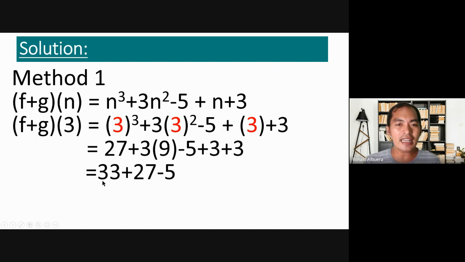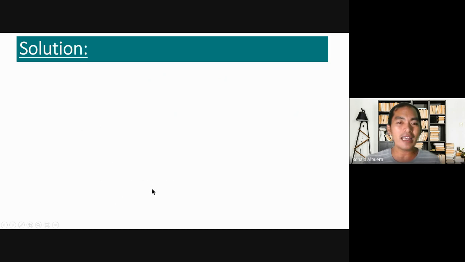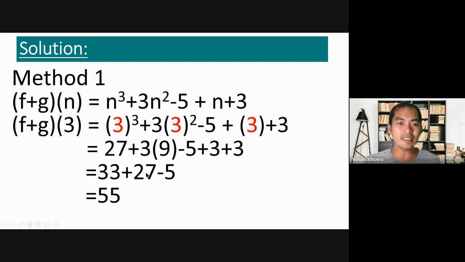And ang nangyari dito sa solution ko is 27 plus 3 plus 3. Lahat ng positive muna. And then, minultiply ito na 3 times 9 is 27. Then, we add all the positive. 33 plus 27 is 55. Minus 5 is 50. 33 plus 27 minus 5 is 55.